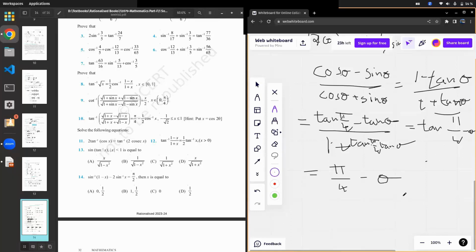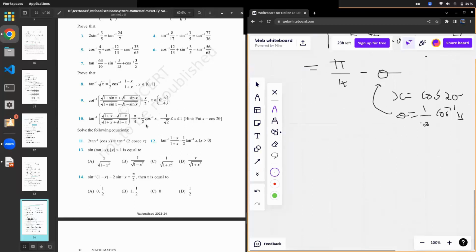And we have substituted x is equal to cos 2 theta, so we'll get theta is equal to half into cos inverse of x. So we can substitute the value of theta in this step, and we can now see that the left hand side is equal to right hand side, and it is proved that the left hand side is equal to right hand side.